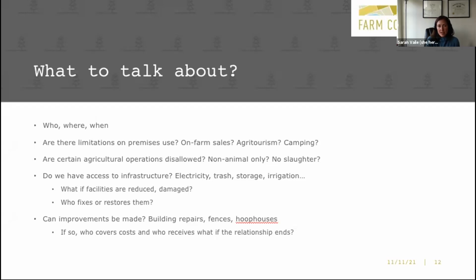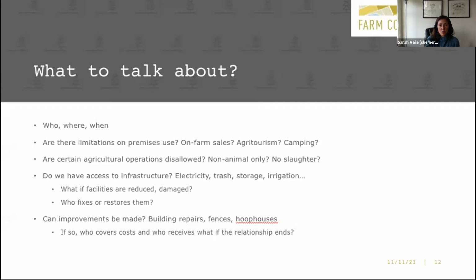What about processing chickens? Is that okay? We need to know if we have access to infrastructure, electricity, trash, storage, irrigation, internet, all that stuff. We have to talk about this. What happens if things get ruined? What happens if facilities are damaged or destroyed? Who fixes them? What if we break tools, tractors? Who's responsible for that?